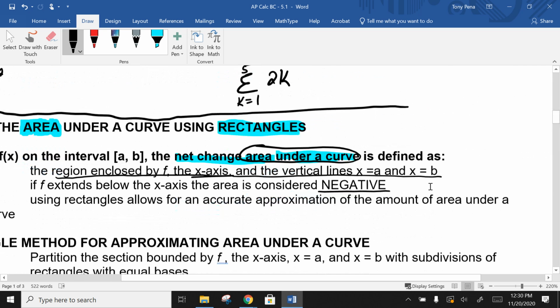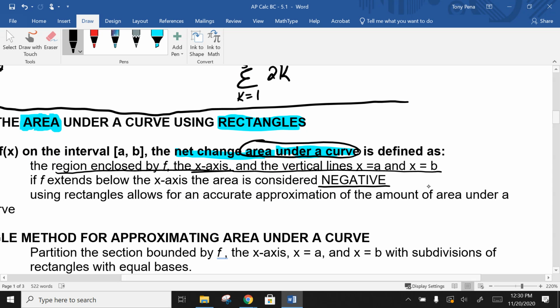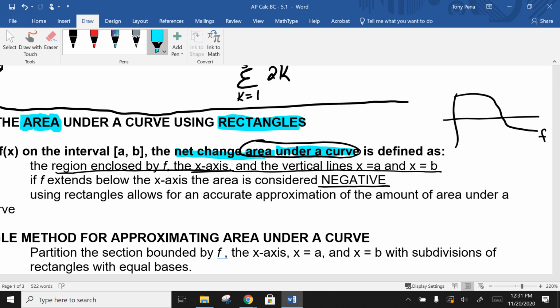So kind of just a general little sketch to put all that together. Let's say I gave you this as our function. If I ask you to find the area enclosed by the curve, it is the area between the curve and the x-axis. So we'd have this here, and then we would also have this here, assuming that this was A and this was B. Anything above we consider to be positive.